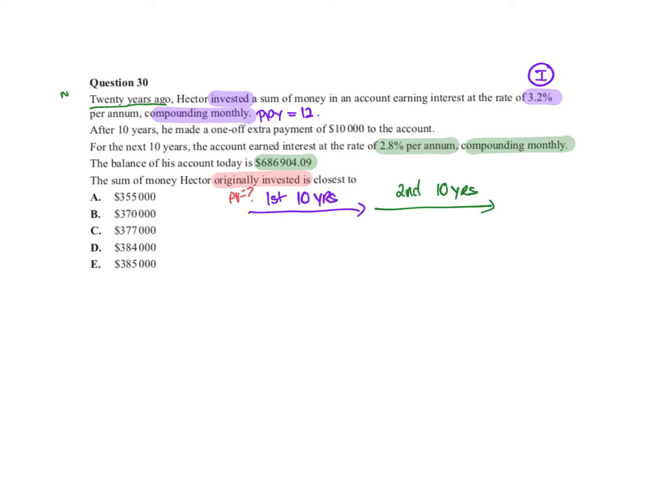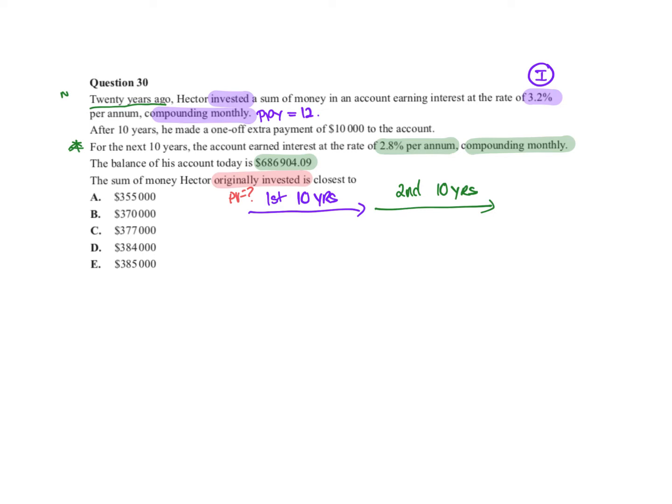But because we had a change of scenario in there, when we go backwards we need to go back to that 10-year mark, because the interest rate changed, and he also made a lump sum of 10,000. So let's go back on the second 10 years.